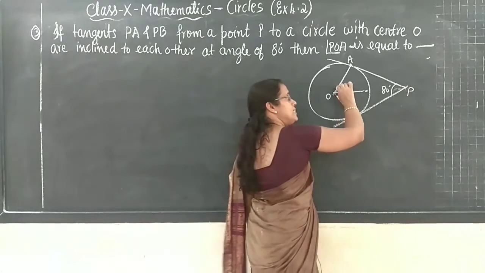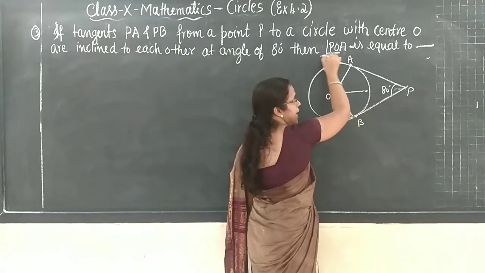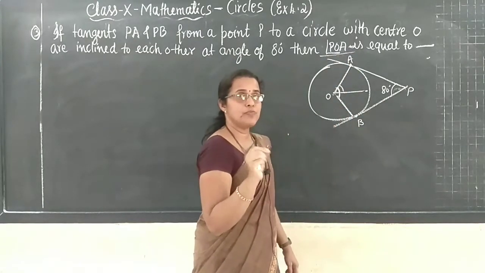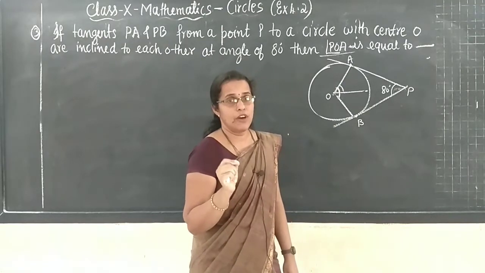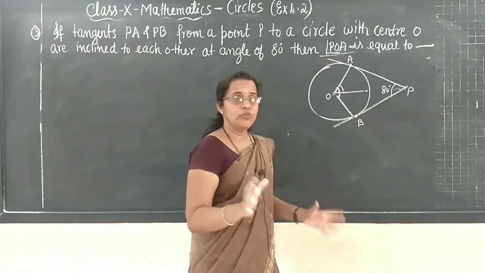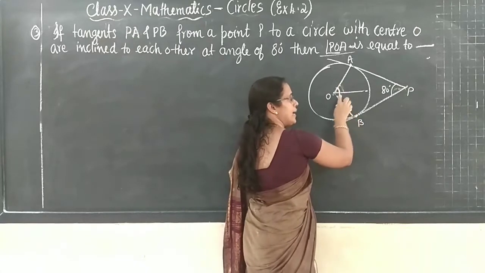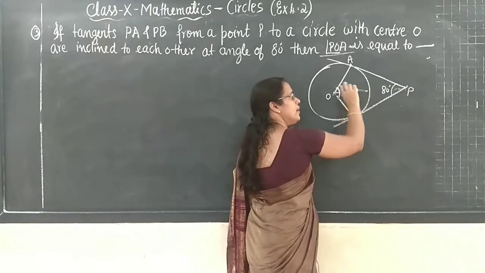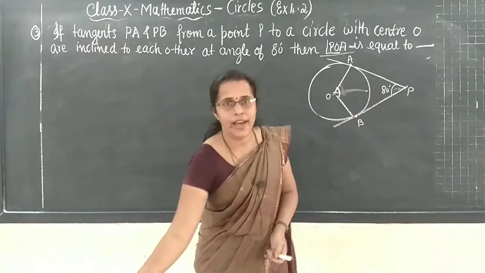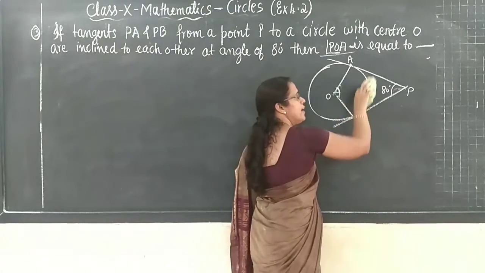But 100 degrees is the full angle. They didn't ask for the full angle, they asked for the half angle. For that sake, we first find the full angle, and after that the half angle.